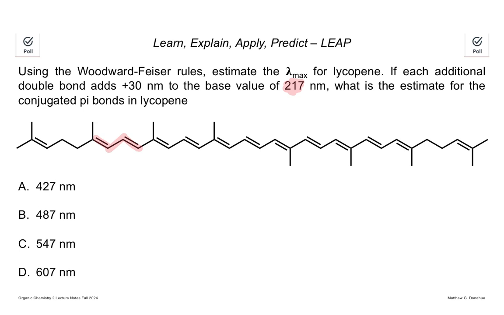And then the question's asking you, what is the estimate for the conjugated pi bonds? So we're not really considering the oxychromes at this point, just the conjugated alkenes. So each one of those adds 30. So we start at 217. So that's that.